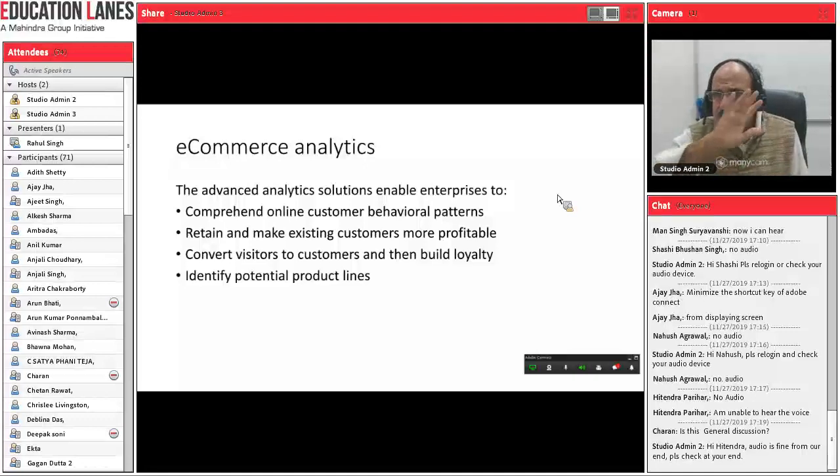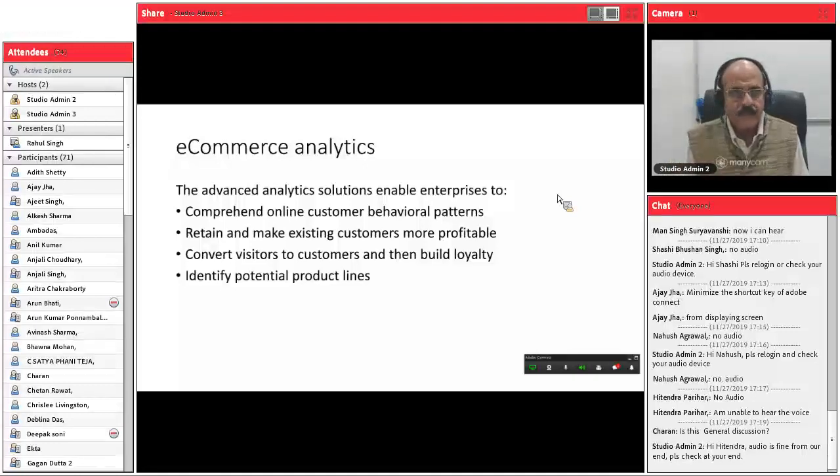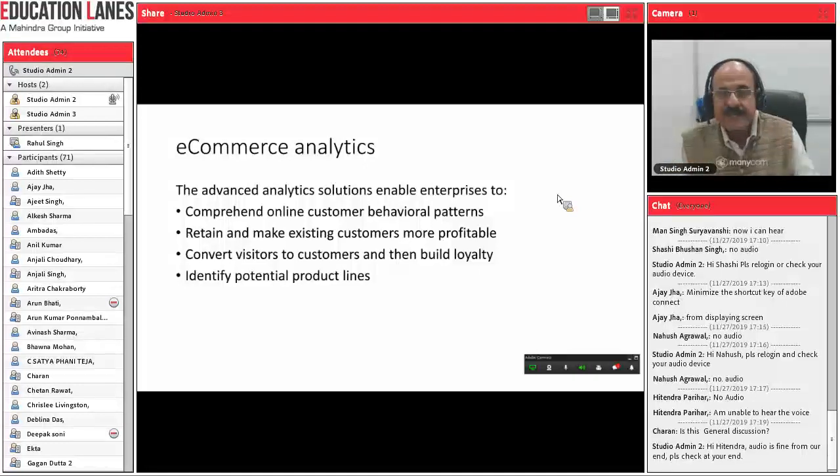On the internet, where sensors do not work, there is one and only one option: to use analytics to understand my clients. So this is another example of analyzing big data.